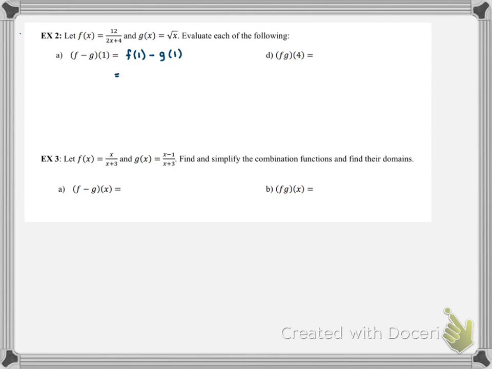So f of 1 is 12 divided by 2 times 1 plus 4, minus g of 1, which is the square root of 1. So let's see, in the denominator, that's 6. So 12 divided by 6 is 2. Minus the square root of 1, which is 1. So we get 1.